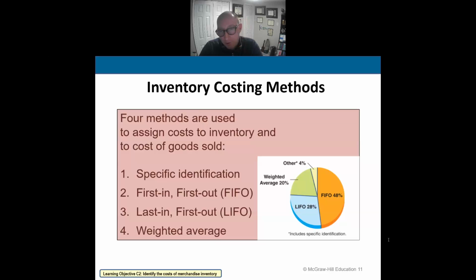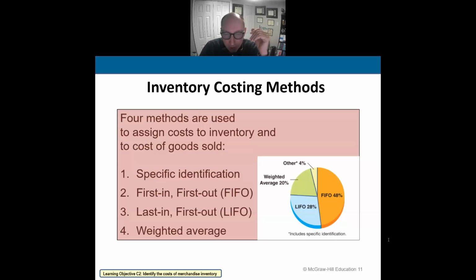And then there's another one called weighted average. Weighted average takes all of the purchases that they made and divides them to spread the cost evenly throughout the accounting period. That's called weighted average. About 20% of companies use that one. Not as common.